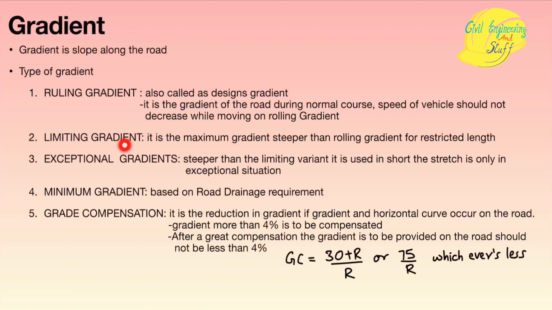Then we have the limiting gradient. It is the maximum gradient provided along steeper terrain. After that, we have the exceptional gradient, which is provided in very special situations, and then we have the minimum gradient that has to be provided even on a flat road. This minimum gradient serves the purpose of drainage provision.